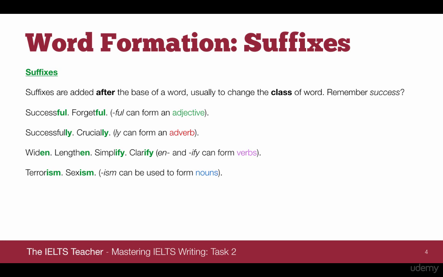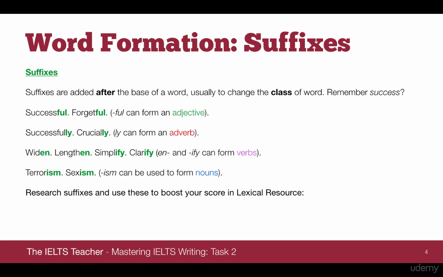This doesn't always work. You can't just be adding random suffixes to random words. You do need to check with a good dictionary, but it's good to know that you can create these words if necessary. Again, research suffixes, very important. You do your research because there's many more here than the ones I've highlighted. And you can use these to boost your score again in lexical resource.